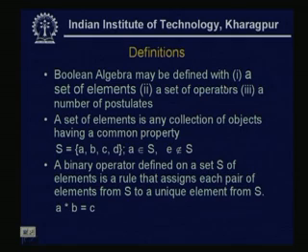Boolean algebra can be defined with a set of elements, a set of operators and a number of postulates. These are the three basic ingredients of the algebra. Now, what are the elements? A set of elements is any collection of objects having a common property. This is a definition of set.